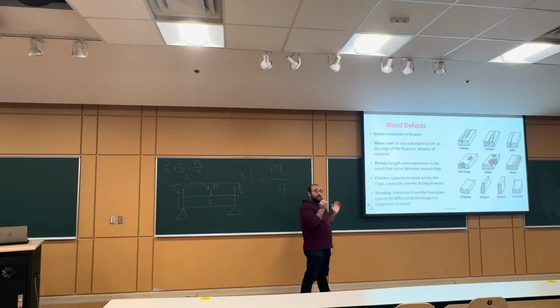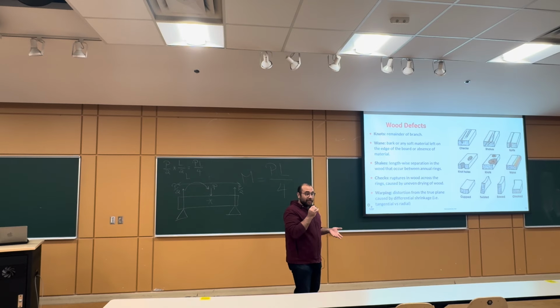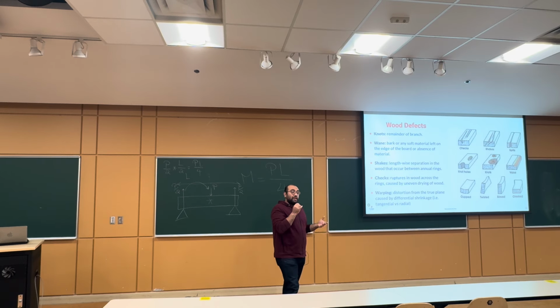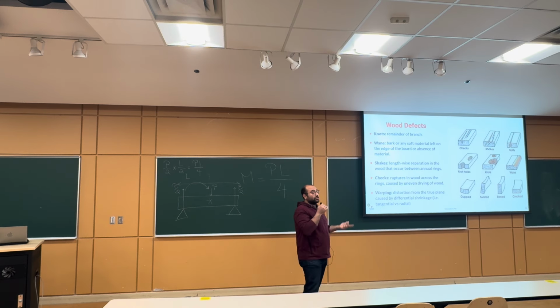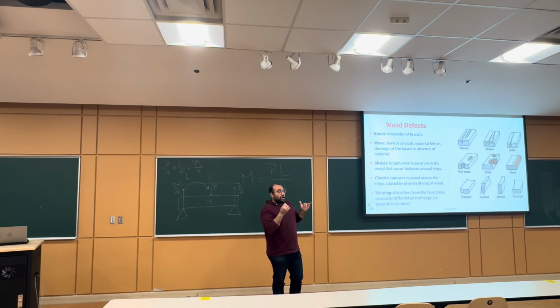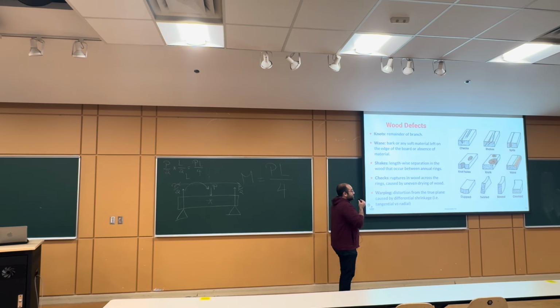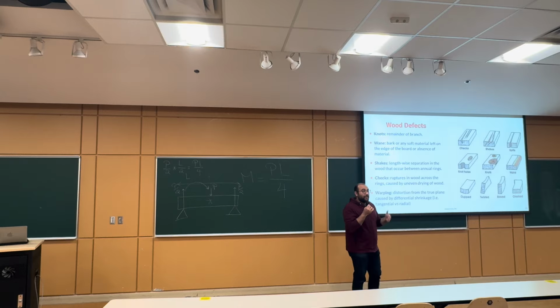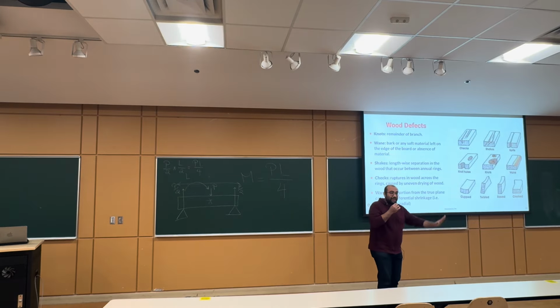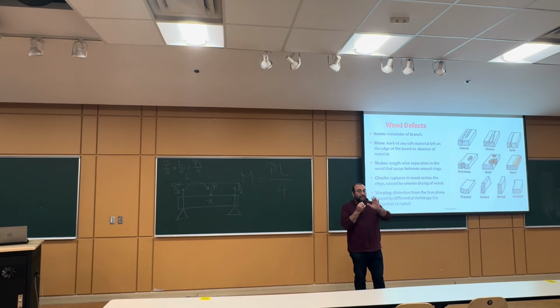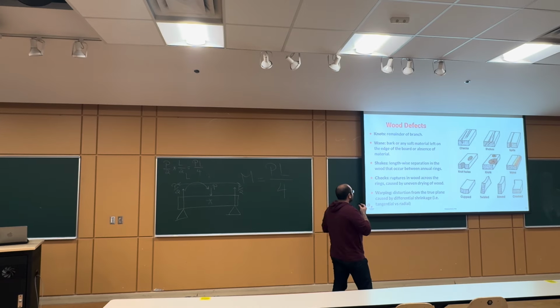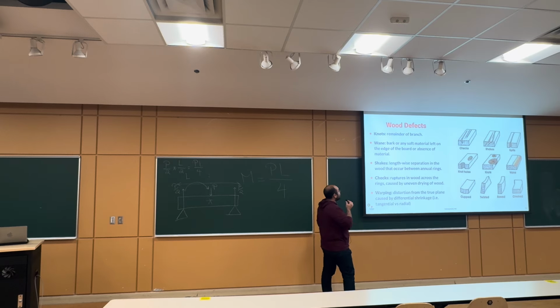Those knots might cause stress concentration if force is applied, and might cause splitting of the wood if this piece of wood is used in load-bearing applications. So we usually try to avoid those knots as much as we can, but definitely when you go to Home Depot and try to buy any piece of wood, you will find a lot that will have those knots. This is not a bad thing because we have an inspection procedure that we'll be talking about. If it passed the inspection procedure, then this means that the strength is fine and the appearance is not bad. So knots are the first wood defect that we might experience.